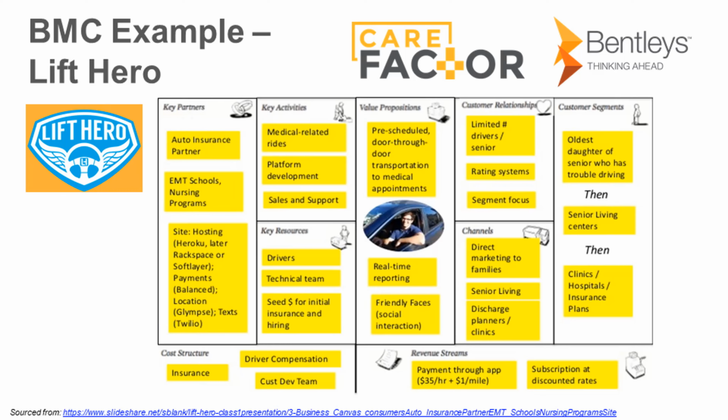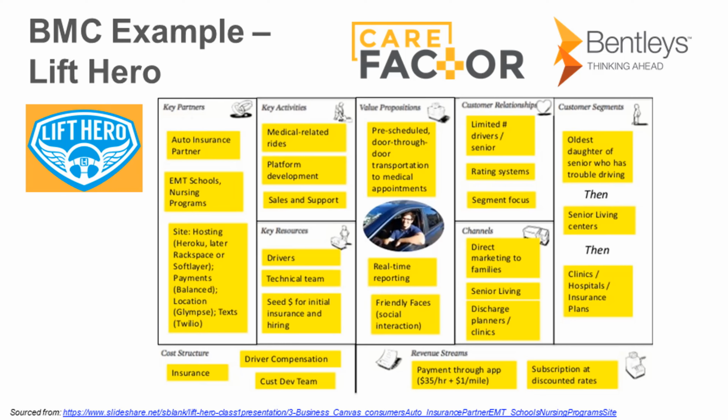The relationships that they have, very much a rating system, very much segment focused, and limited numbers of drivers and seniors, resulting in revenue streams such as a payment through the app, so per hour plus per mile, and a subscription model at discounted rates.